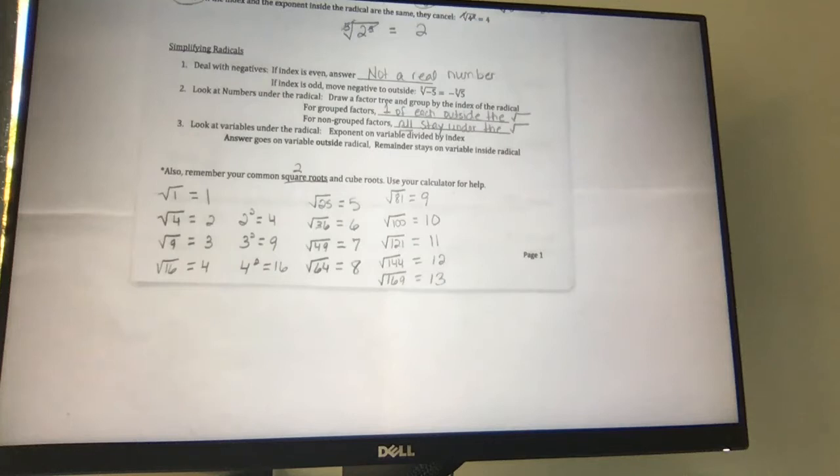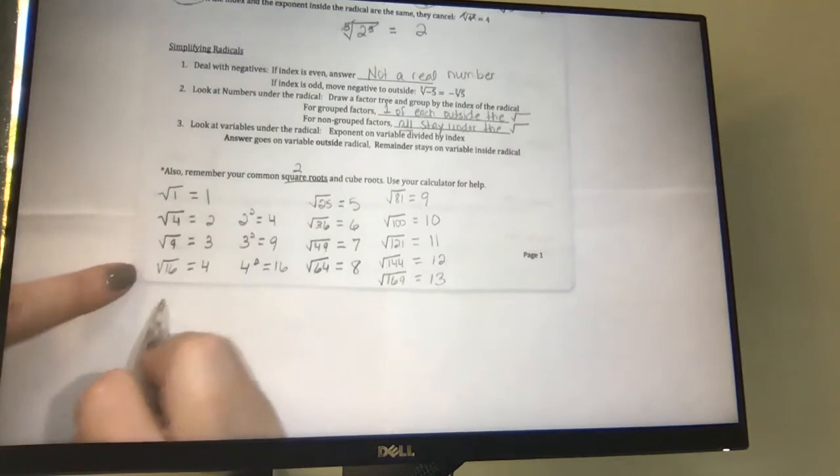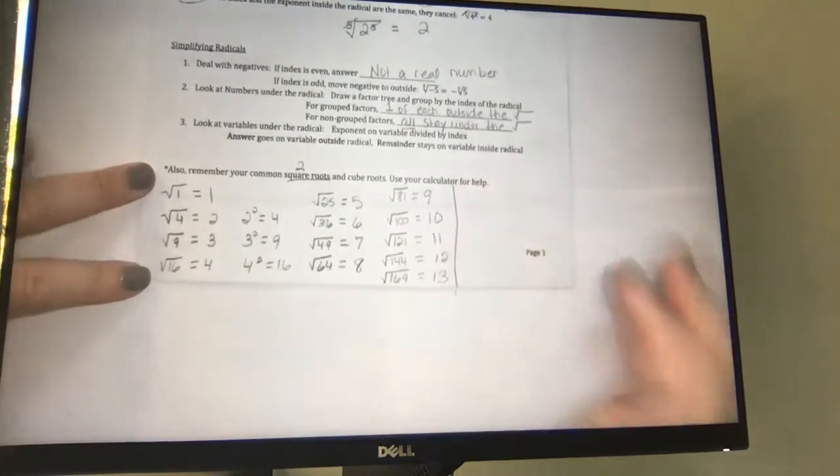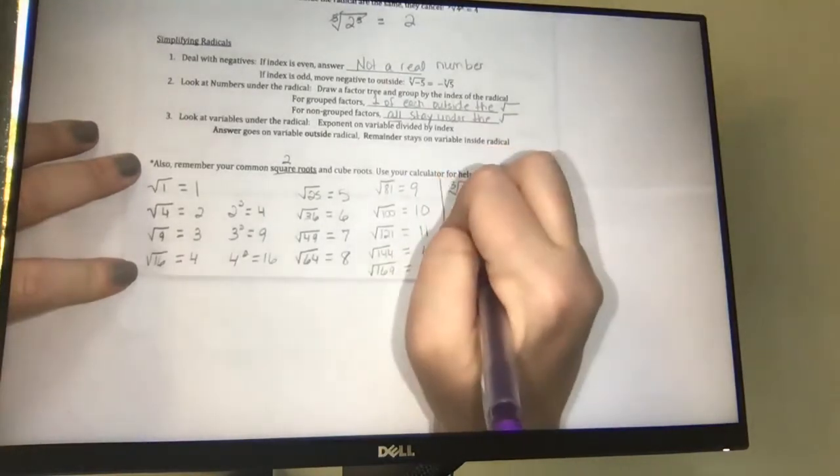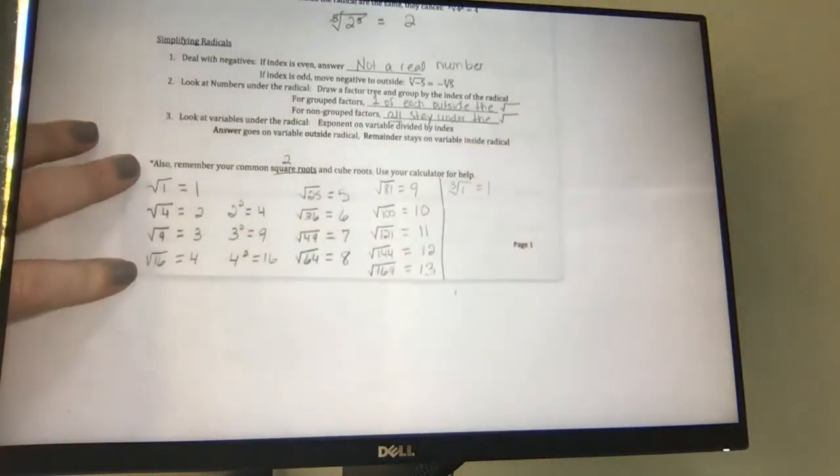Okay, what some students are not quite familiar with are cubed roots. So we want to make sure that you at least know the basic cubed roots. We don't go too high with cubed roots. We really only go up to 5. That's really all that you'll need to remember. I'll squeeze them over here. Okay, so what's the cubed root of 1? 1, right? Because any root of 1 is 1.